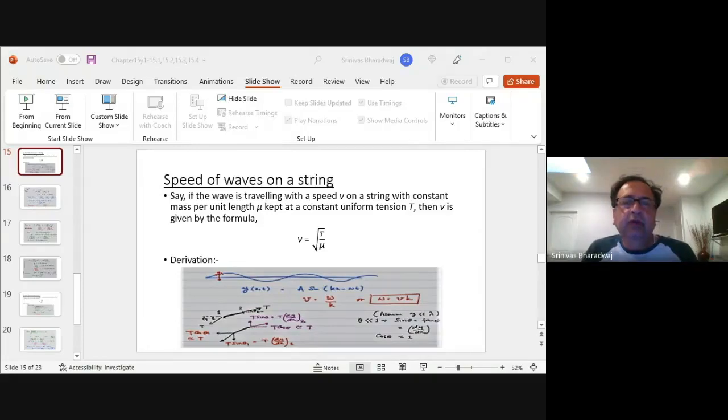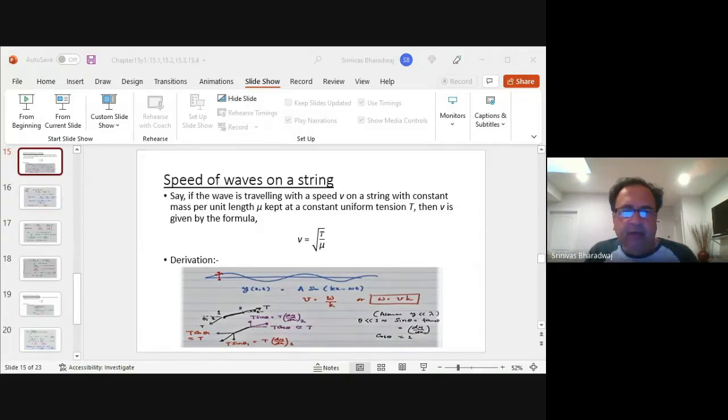The acceleration is given by d square y by dt square, and the force is mass per unit length times delta x times the acceleration, ma. F equals ma. F we've shown is T times d square y by dx squared. So that's how this works.